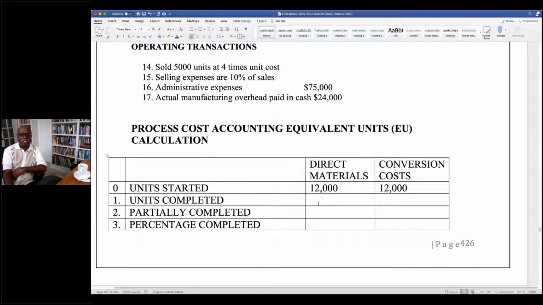So that goes on the second line. So how many then are partially complete? 3,000. How you get 3,000? You subtract units, 12,000 minus 9,000.